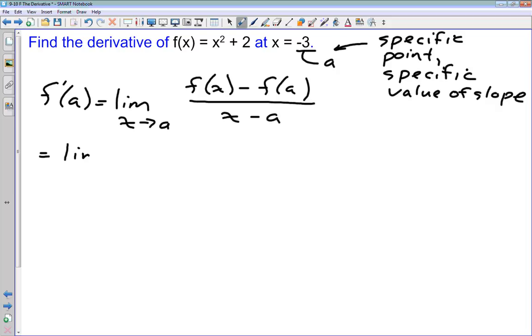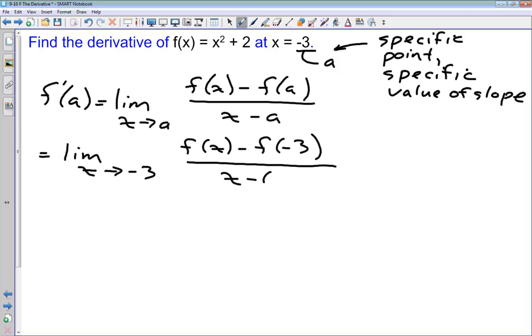So we want the limit as x tends to -3 of our function f at x minus f at -3, all divided by x minus -3. Now, we can figure out what f at -3 is. We just take -3 and plug it into our function, x squared plus 2. So that's going to be -3 squared plus 2. -3 squared is 9. 9 plus 2 is 11.